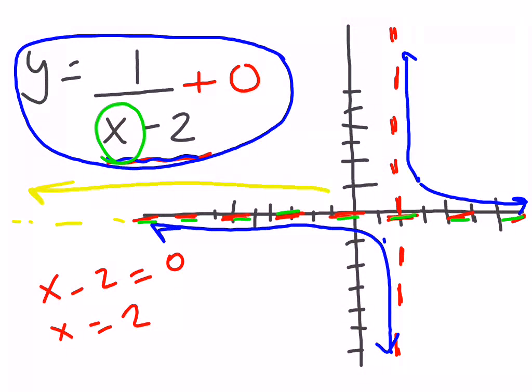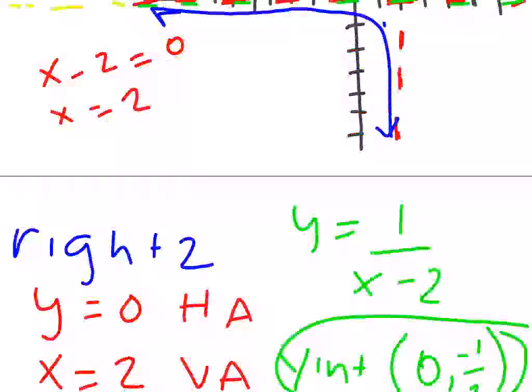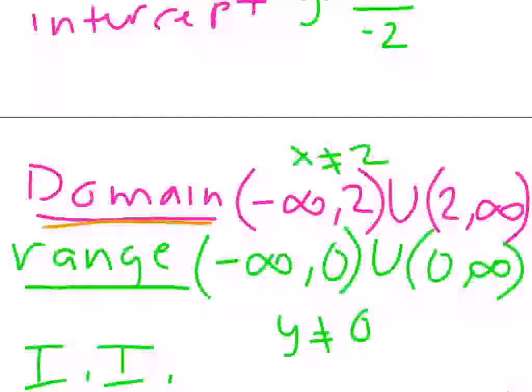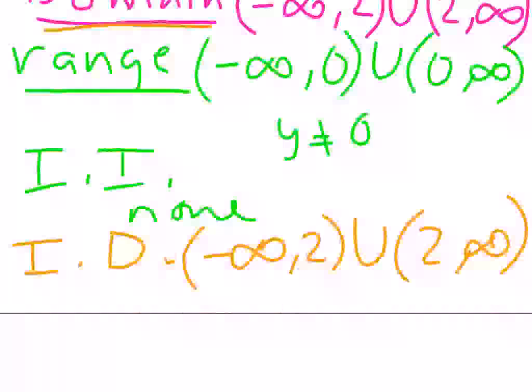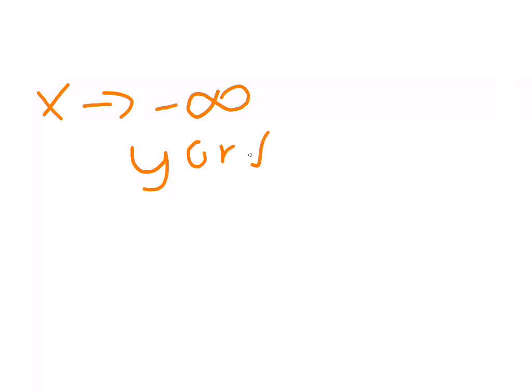So the y values approach the asymptote, which is 0. So we'll say that the end behavior is as x approaches negative infinity, y, or f of x, same thing, approaches 0.